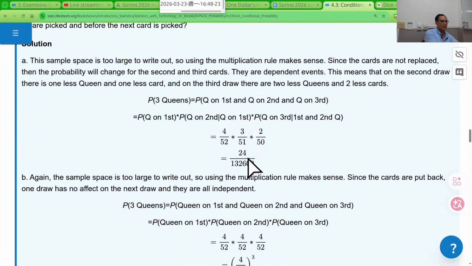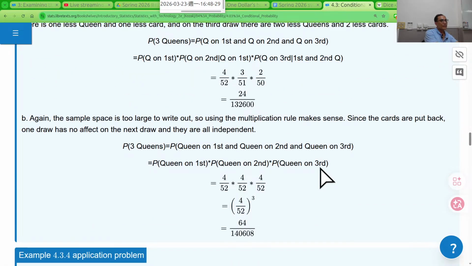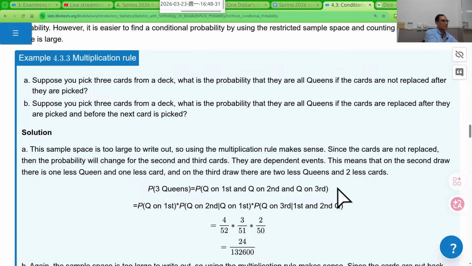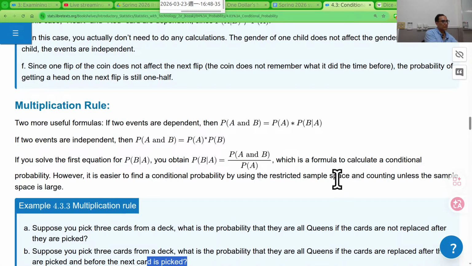Multiplication rules: two more useful formulas.